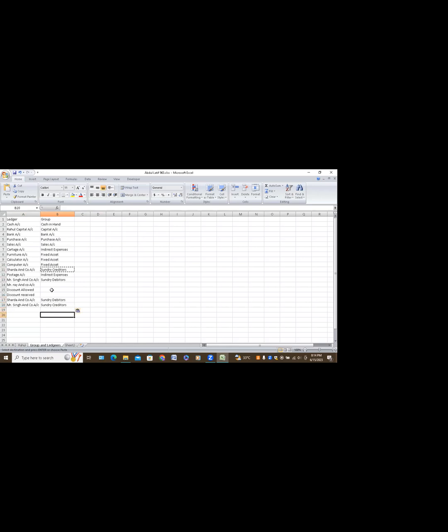Okay, discount received? Direct expenses. Allowed is an expense. Received, I'm asking. Income, ma'am. So make allowed an expense and received indirect income. Indirect expenses, indirect income.